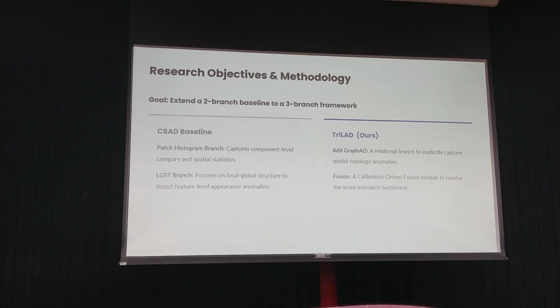My extension adds a third branch called graph AD to model relations between components, and also adds a calibration driver using shared features. So the main idea is not just to add one more branch, but also to solve the problem of how to fuse different anomaly signals in a stable way.